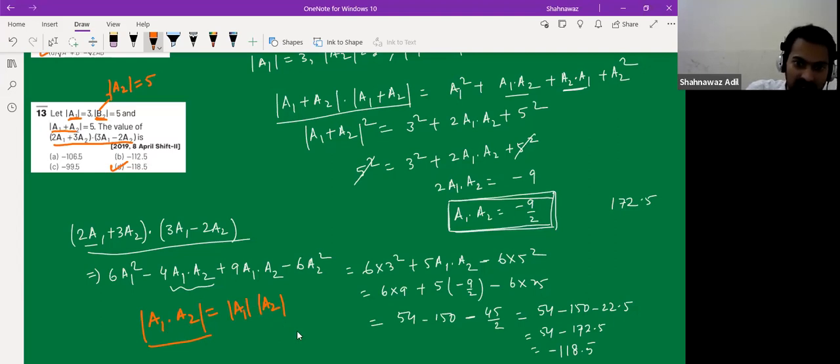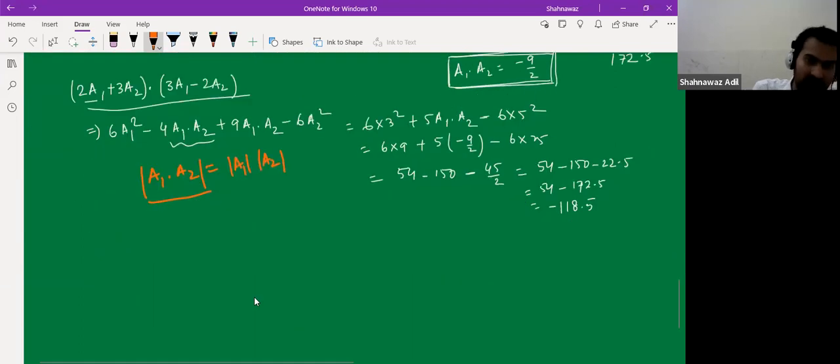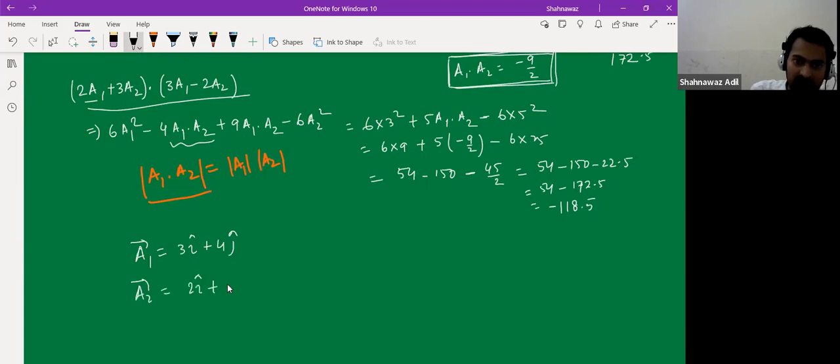So let's say you have vector A1 as 3i plus 4j, and vector A2 as 2i plus 3j. Then the magnitude of A1 would be 5, and A2 would be root of 4 plus 9, root 13. And what would be A1 dot A2?